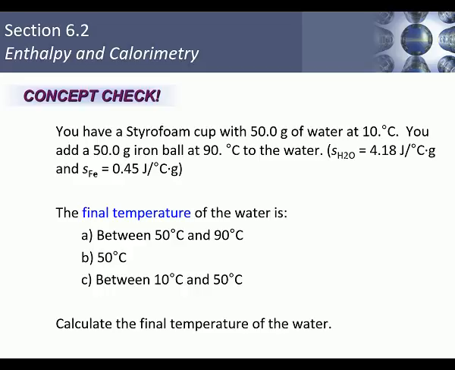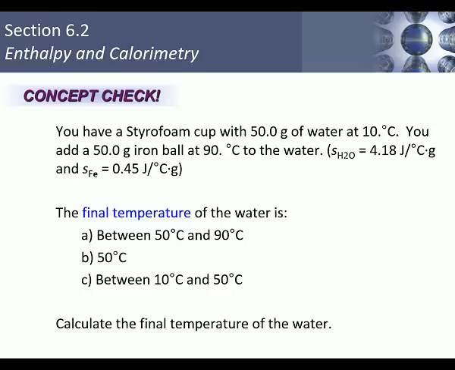All right, you're going to use the same S times M times delta T setup for this check for understanding. You have a styrofoam cup with 50 grams of water at 10 degrees Celsius. You add a 50 gram iron ball, which is at 90 degrees Celsius, to the water.